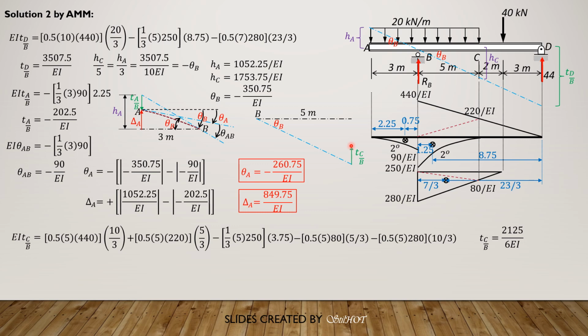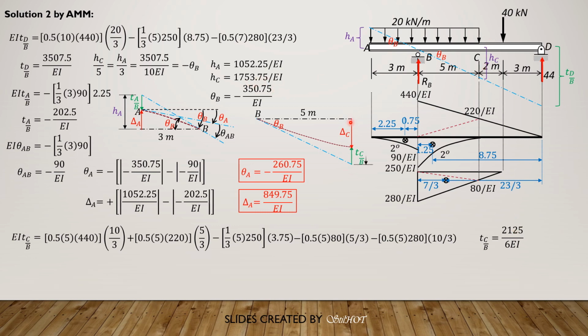Now, why do I know that it is only between the horizontal and this point? Because deviation of C relative to B is only 2,125 over 6, that's 100 plus only, whereas compared to delta sub C, which is 1,000 plus.